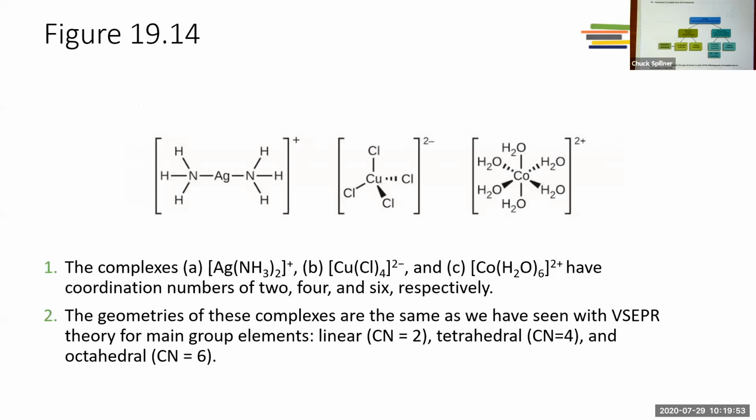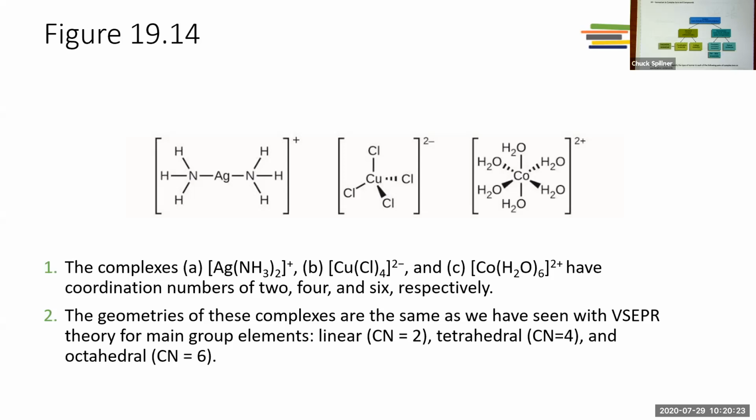So this is a figure out of your book, and it shows 3 types of complexes. In the first complex, we have 2 ammonia ligands complexed to the silver 1 ion. Because there are just 2 ligands complexed to it, there are 2 connection points to the central atom, and we call that the coordination number.